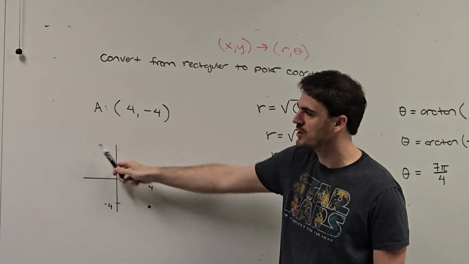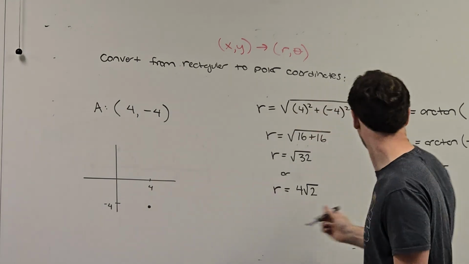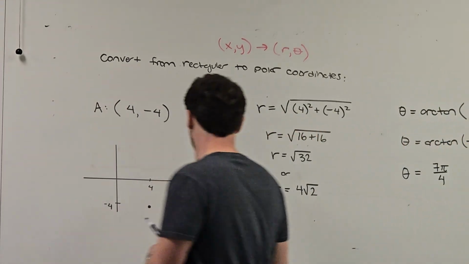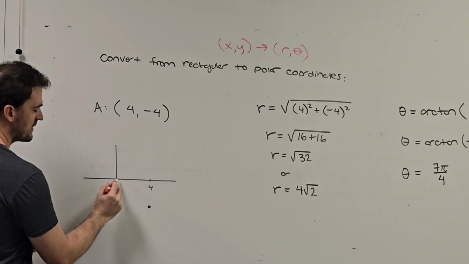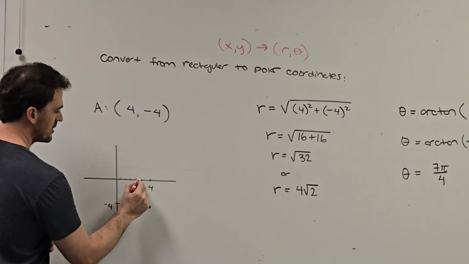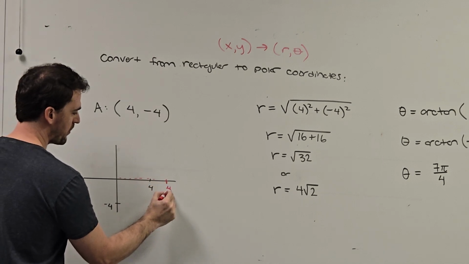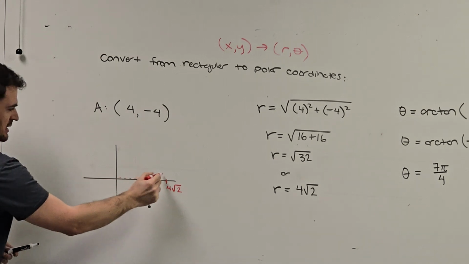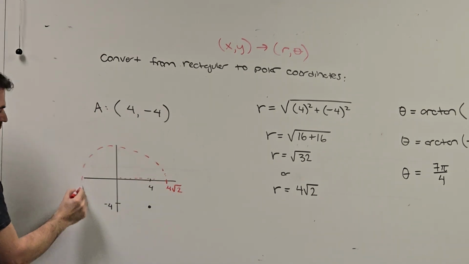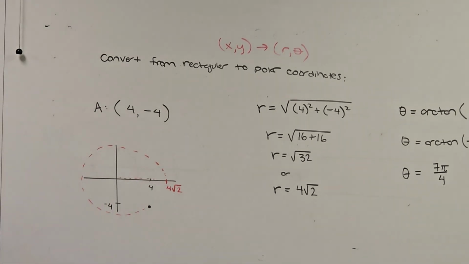So don't give me the angle over here, just give me the angle in the fourth quadrant, where your y is negative. So if you wanted to think of this in polar coordinates, this is saying go out a little bit past 4. But now we're going to go all the way around the circle like this.